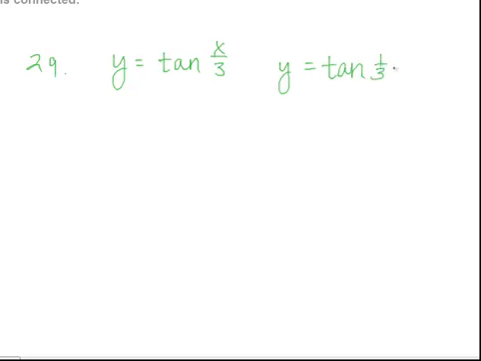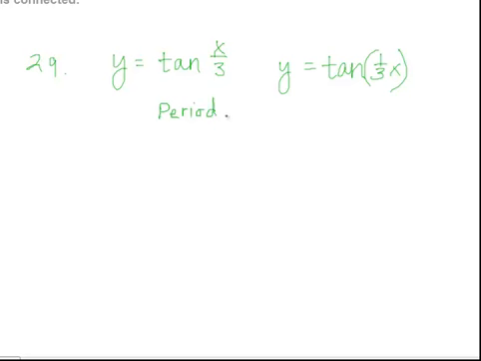I'm going to do number 29 with you, which is graphing y equals tangent of x over 3. I am going to rewrite this as y equals tangent of 1/3 x. Same thing. So I'm going to start out with my period just as I've always been doing.